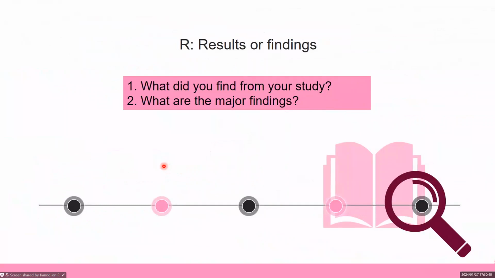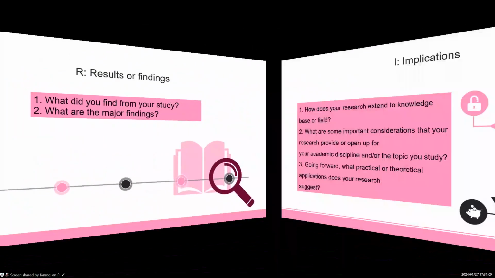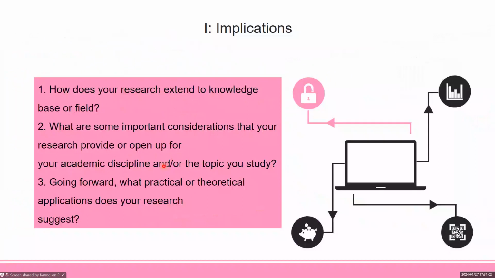Does it answer your research questions? If yes, what is it, right? So that is what is mentioned here, the result that you need to put in here, right? And then the next part is implication, right? So let's see here. How does your research extend the knowledge base or field, right?